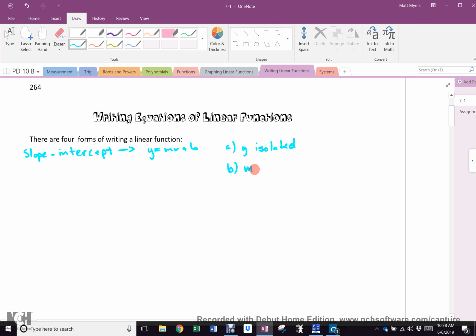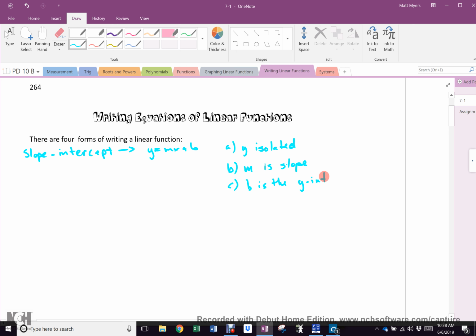Then m, whatever it is, is slope. Now, what if I don't have y and x? What does the y and the x become? IV and DV, right? Like in the d and t equation. And b is the y-intercept.